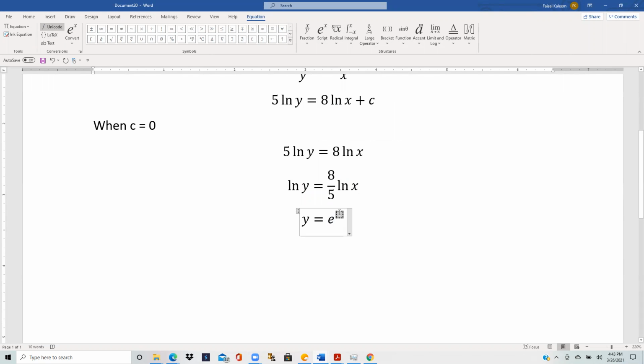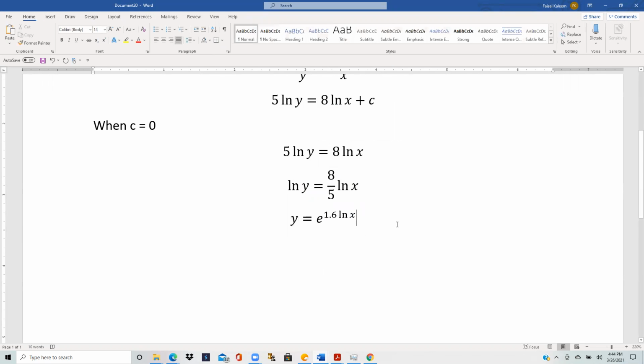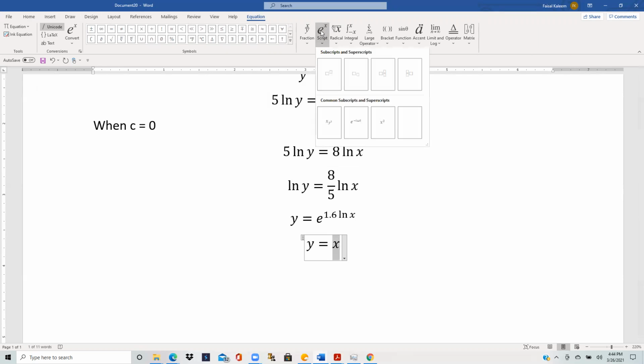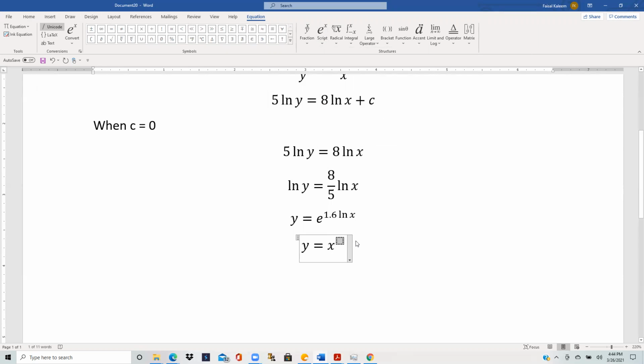So let's change 8 over 5 into 1.6. e power 1.6 ln x. And so the e and ln will cancel out, and you will get y is equal to x power 1.6.